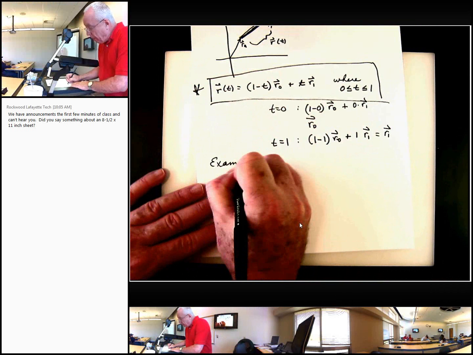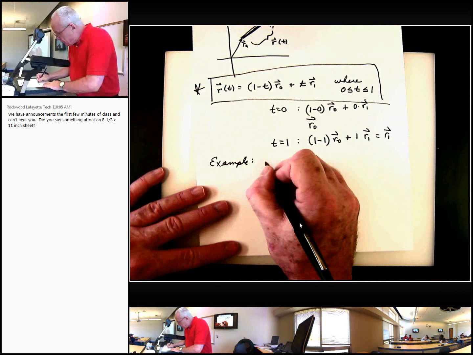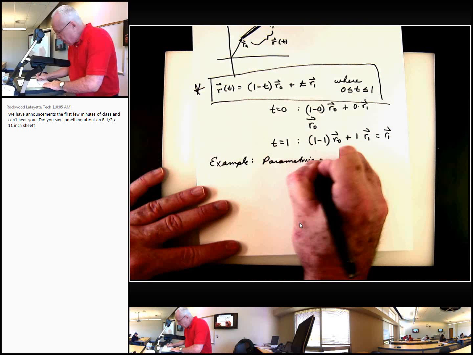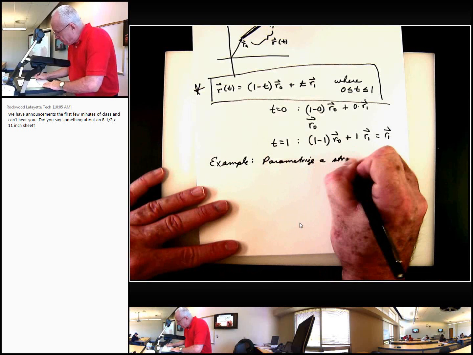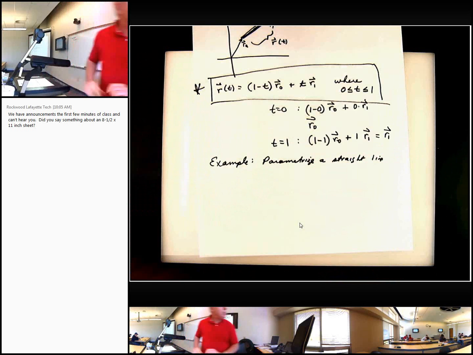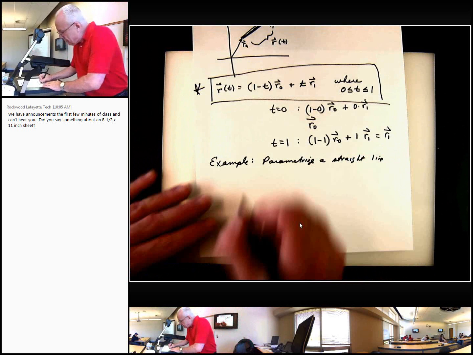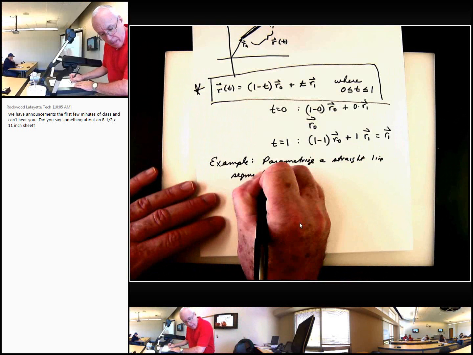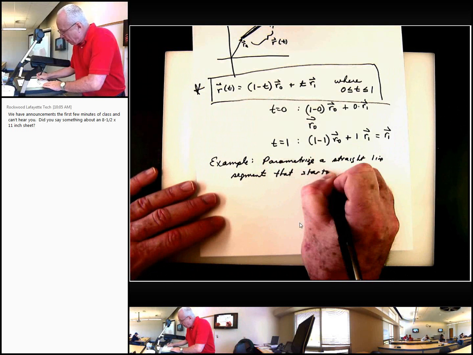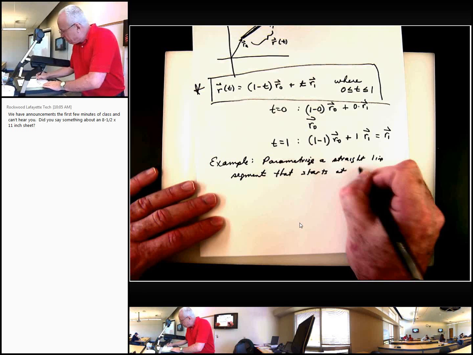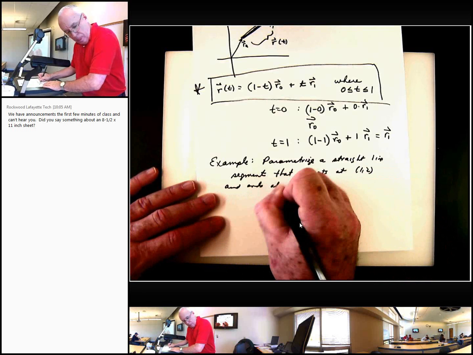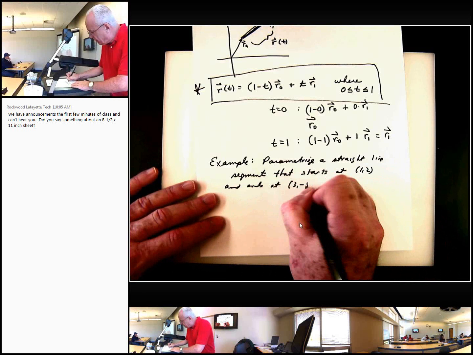Example: parameterize a straight line segment that starts at (1, 2) and ends at (3, -5).